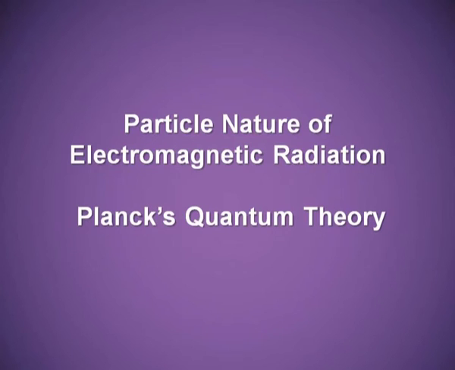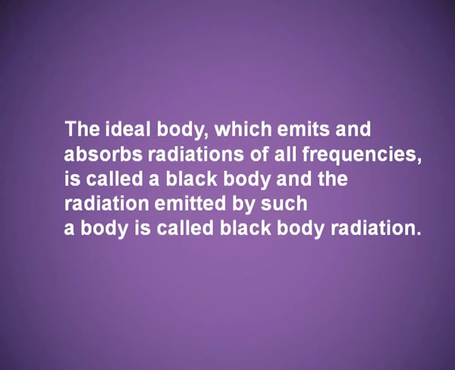matter also. Particle nature of the electromagnetic radiation and the Planck's quantum theory. Planck explained the black body radiation. The ideal body which emits and absorbs all type of radiations is known as a black body, and the radiations which are emitted by the black body are known as the black body radiations.